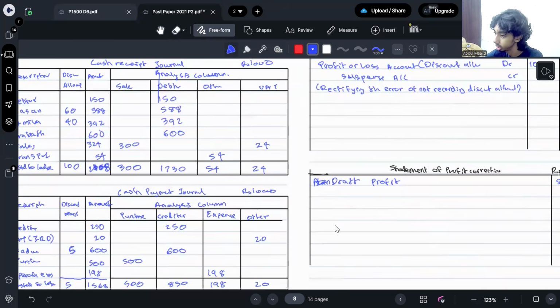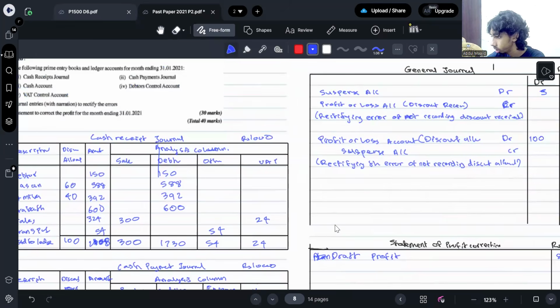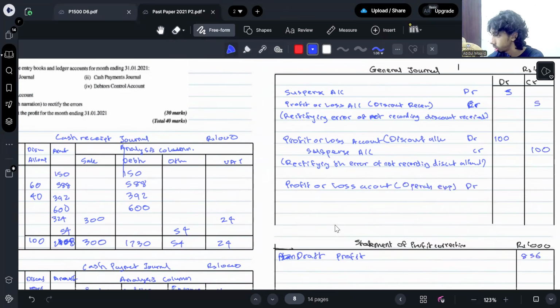So then you can say profit or loss again, that's expense. Profit or loss account, operating expense, debit 100 and suspense account, credit 100.